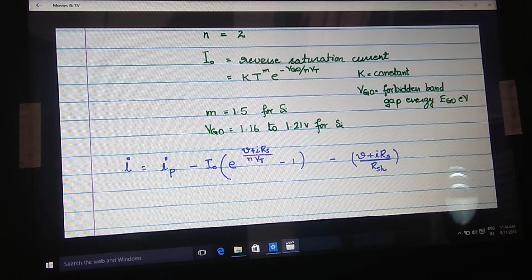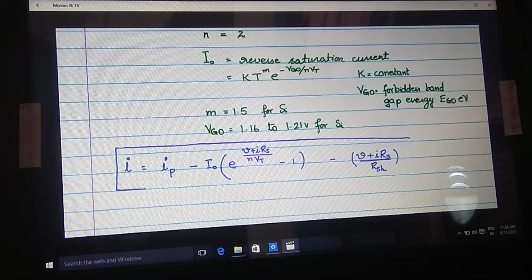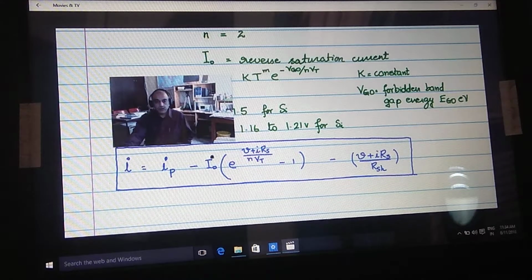So this would form the terminal current model of the PV cell, and this can be obtained easily from the equivalent circuit as shown above.